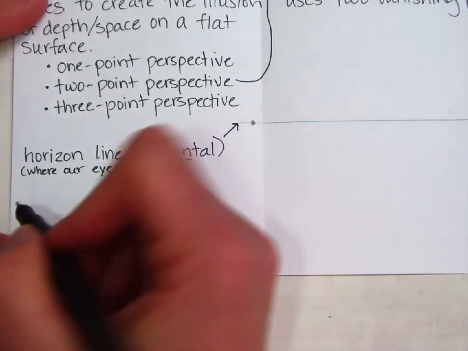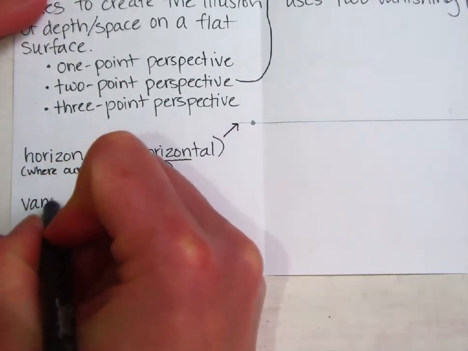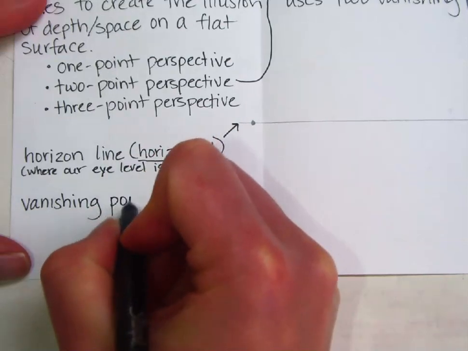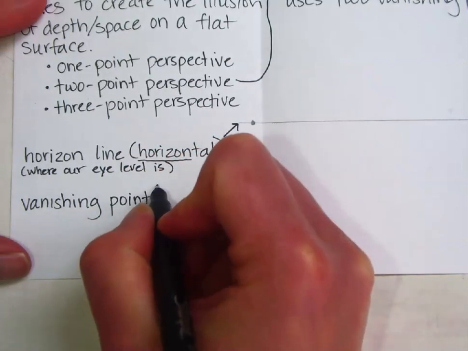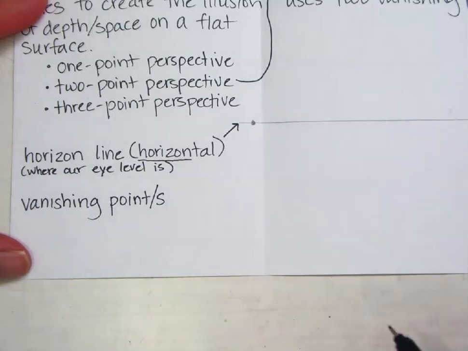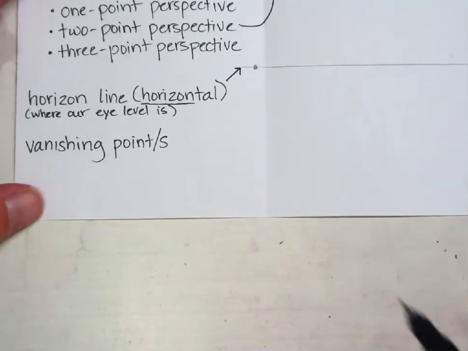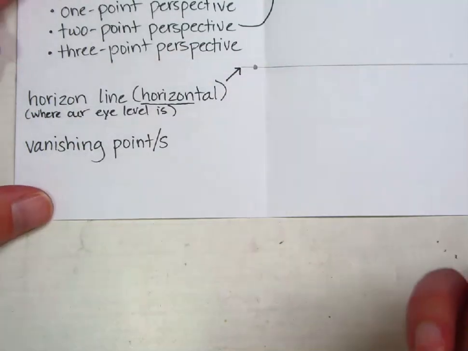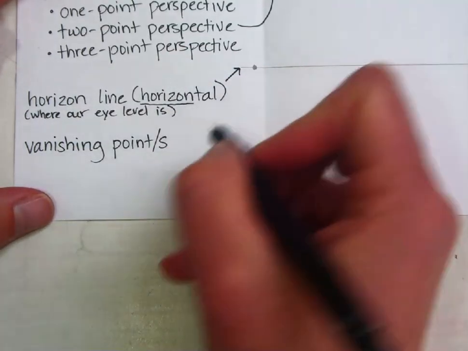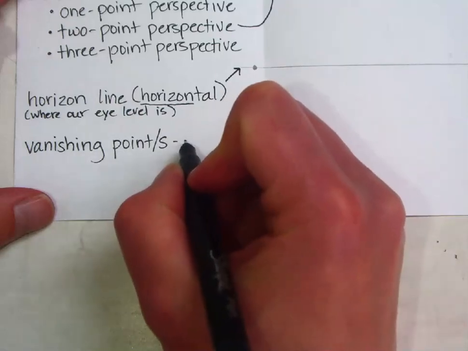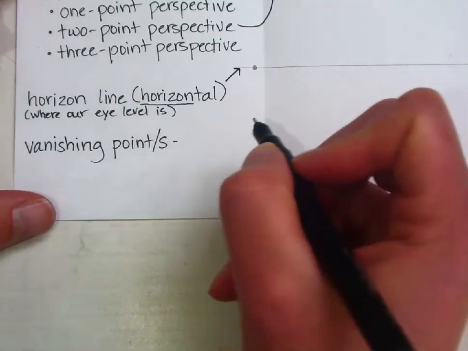And then we have our vanishing points. I'm going to put an s because there's 1 point perspective, which just uses 1. But this is where the lines disappear into.